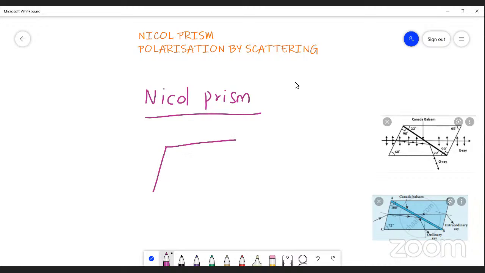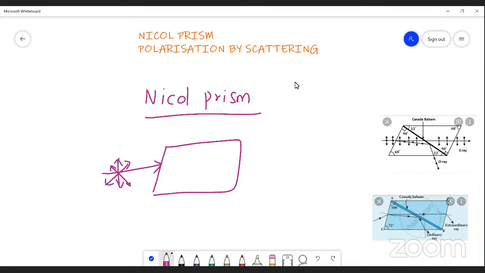For example, when light is incident on a calcite crystal, this is unpolarized light. What do you mean by unpolarized light? Unpolarized light means the vibrations occur in all directions. This unpolarized light incident on the calcite crystal produces 2 images.